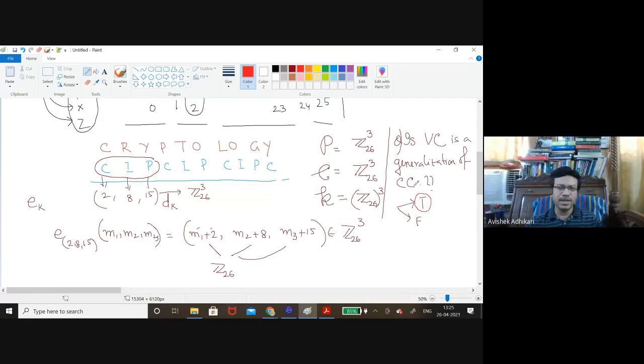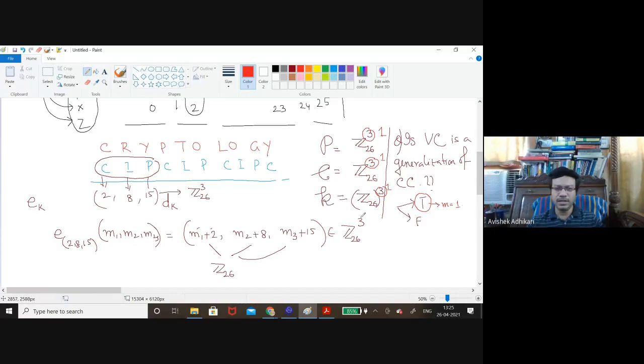So in that case, basically m should be 1. If your m is 1, then that becomes automatically a Caesarian cipher.